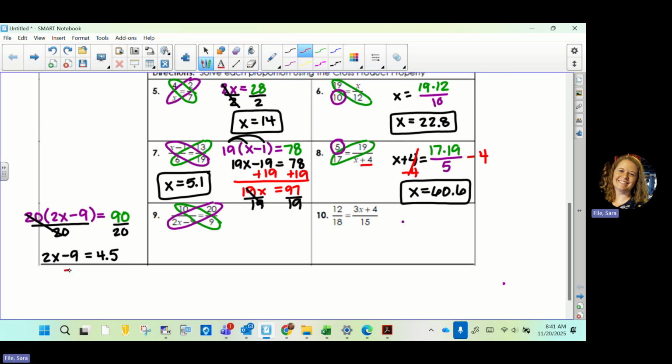So then I would add my 9. And then I would divide by the 2. So that comes out to 6.75.